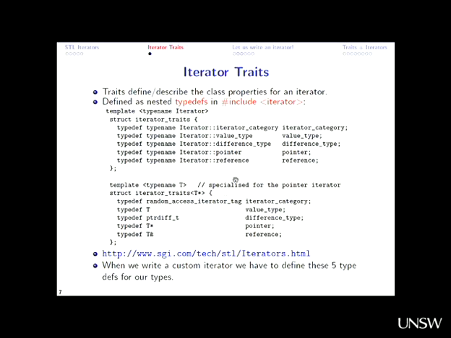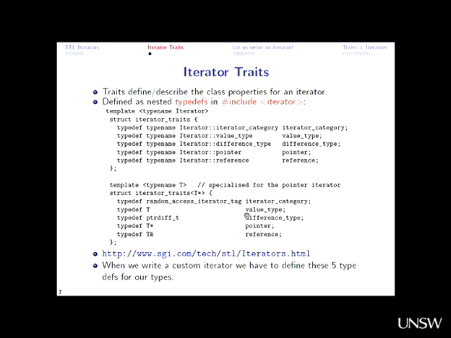What you're looking at is an iterator category tag. This iterator category type def says if this thing is a random access iterator, an input iterator, an output iterator, etc. So the first of these 5 things is the category of the type of iterator it is. The next ones are the value type.